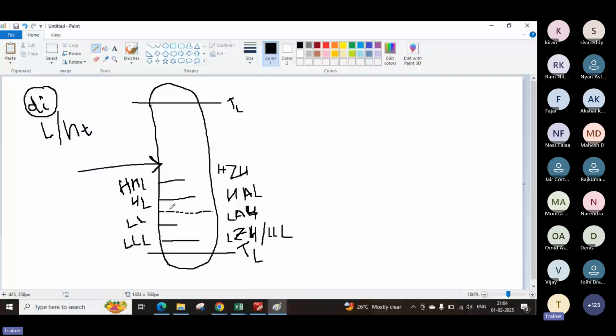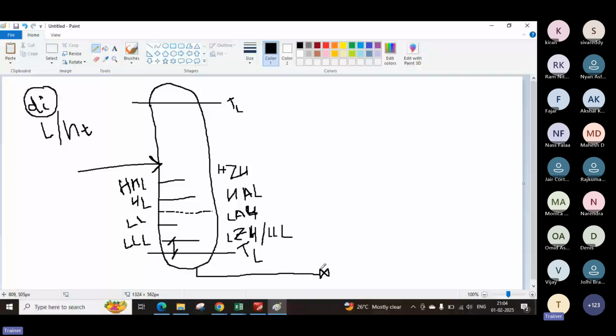So how to define this level? It has some rules. Generally, this lower one, the low liquid level, is where your outlet valve needs to be closed or the pump needs to be tripped.